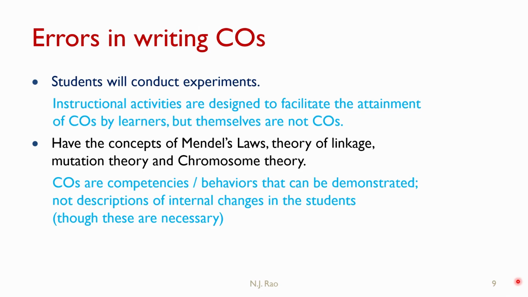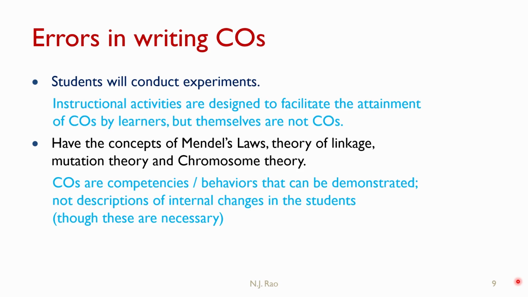See, COs here are generally competencies or behaviors that can be demonstrated, but "have the concepts" means there are internal changes in the students, and while such changes are required to happen, they themselves cannot be measured directly.